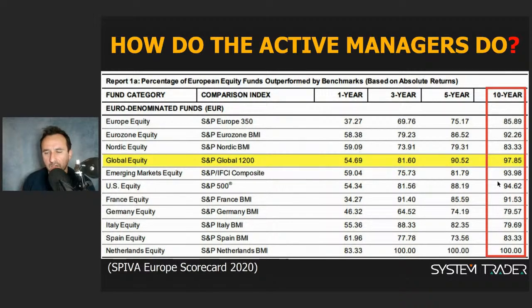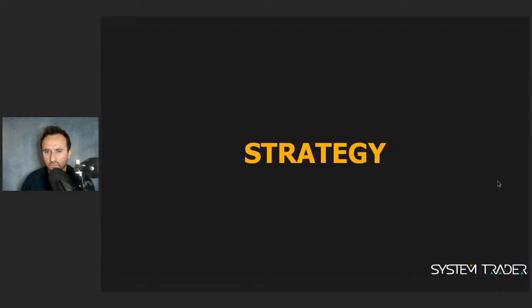And it's very hard, on top of these fees, to beat the market. And in fact, most of them are after fees below the market. So that's the good answer why we want to think about passive approach.